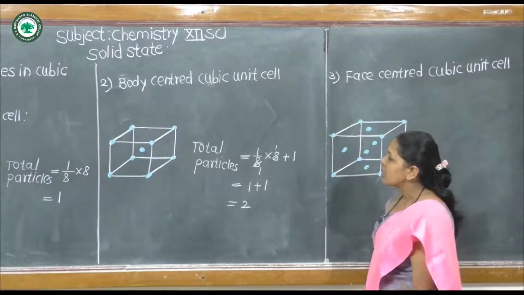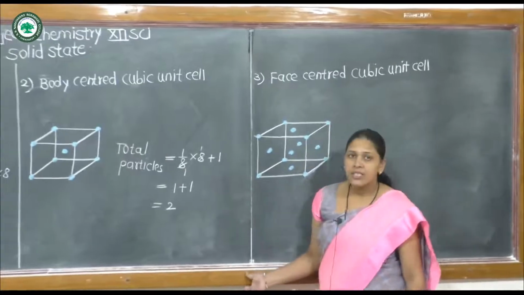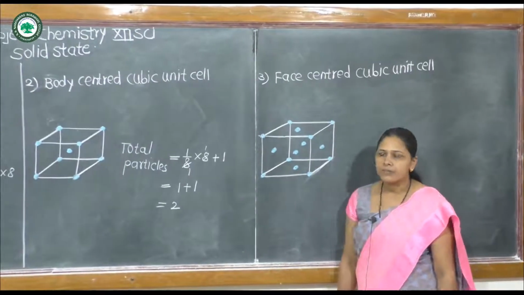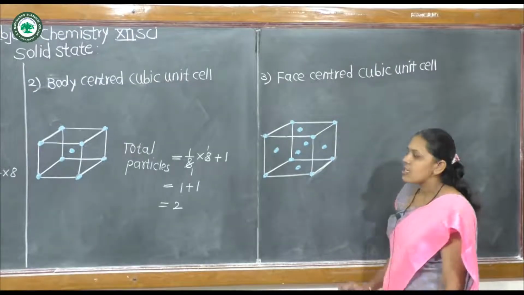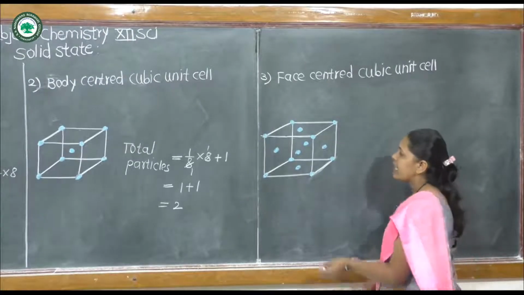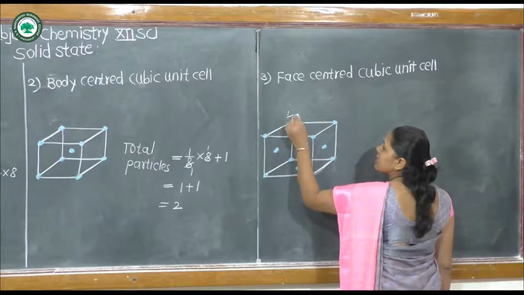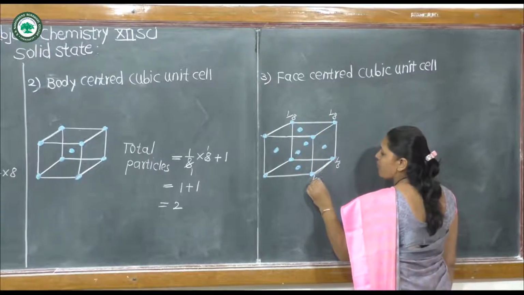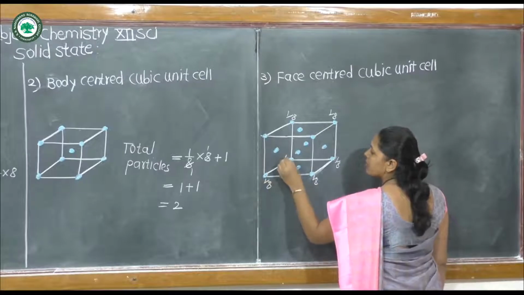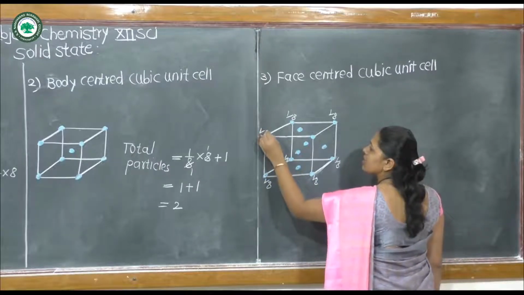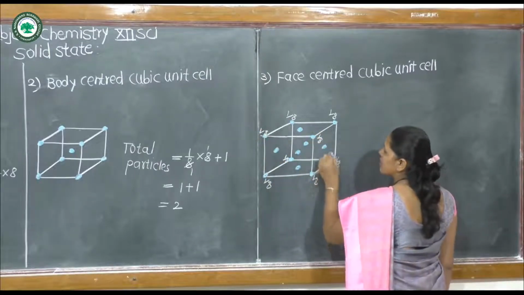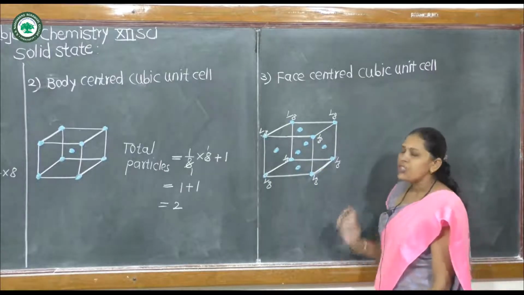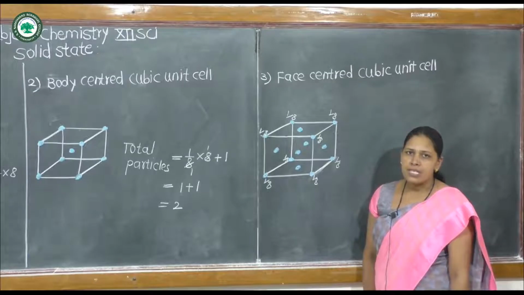Then in the third, the face centered cubic unit cell, there is also 1/8 particle present at the 8 corners of the cube. In addition to this, each cube has 6 faces.